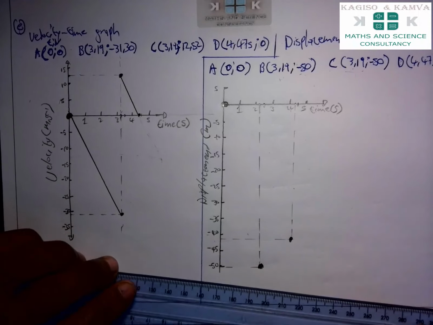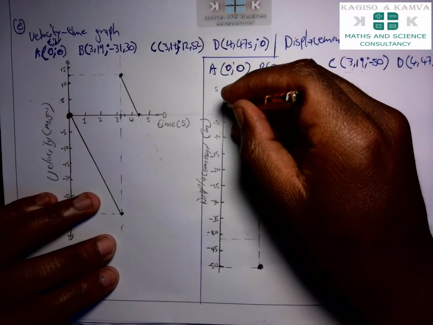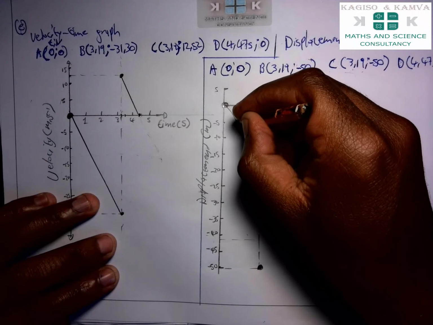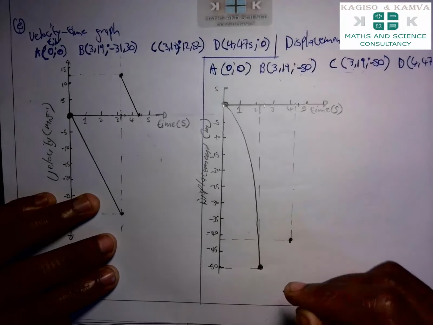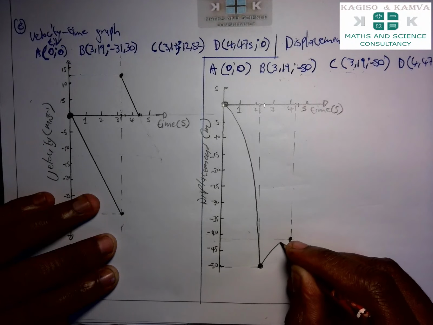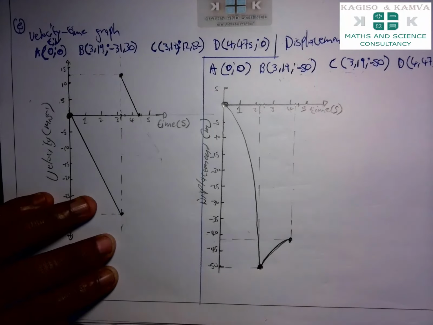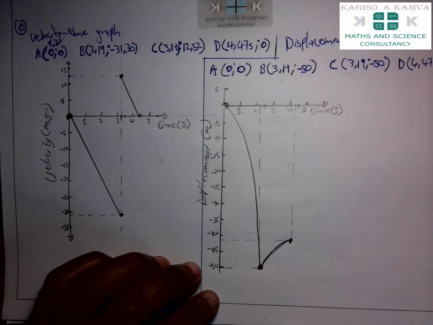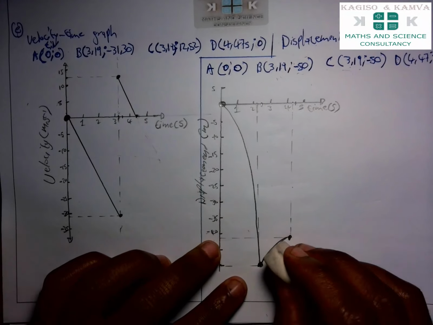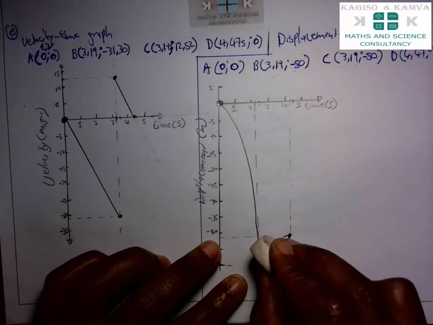Okay, now the displacement time graph is parabolic, so we are going to have a curve like this, and then like that. Okay, then like that. So you don't have to have so many lines, only one line.